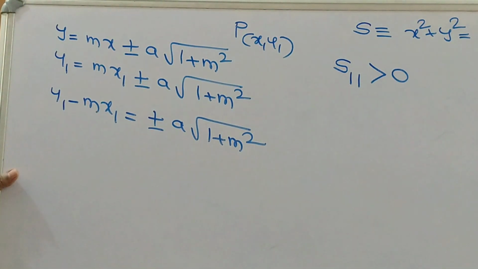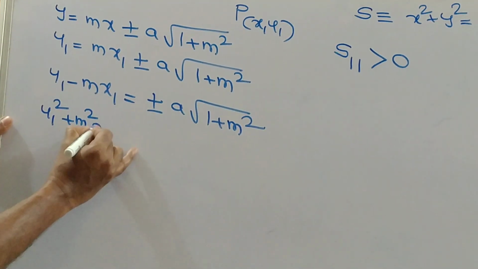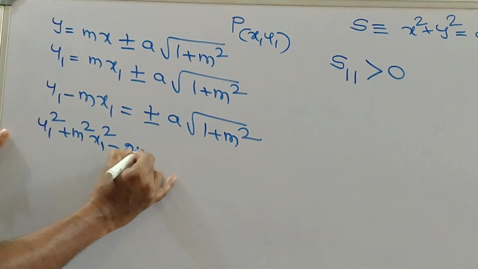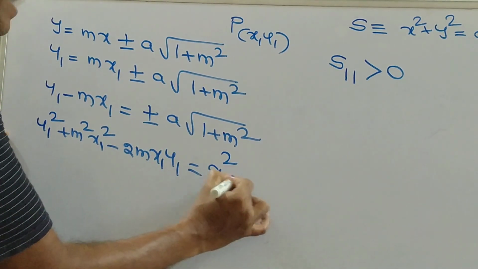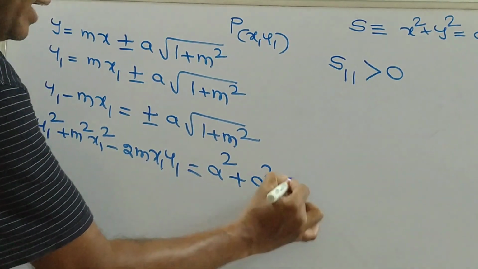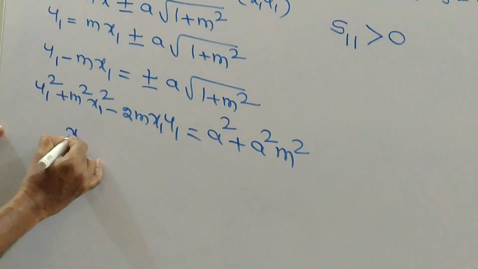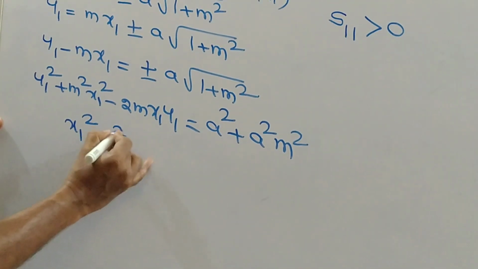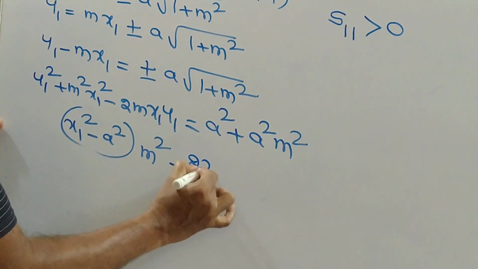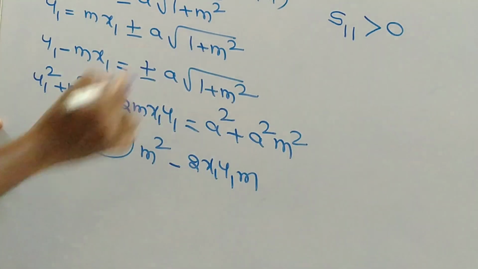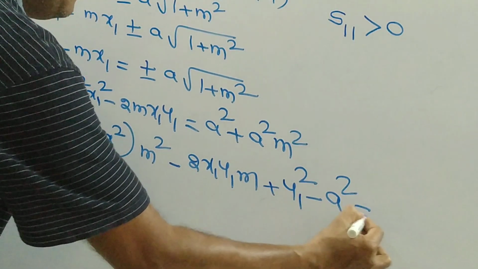Squaring on both sides, we get y1 square plus m square x1 square minus 2m x1 y1 equal to a square plus a square into m square. Now transpose. That means (x1 square minus a square) m square minus 2x1 y1 m plus (y1 square minus a square) equal to 0.